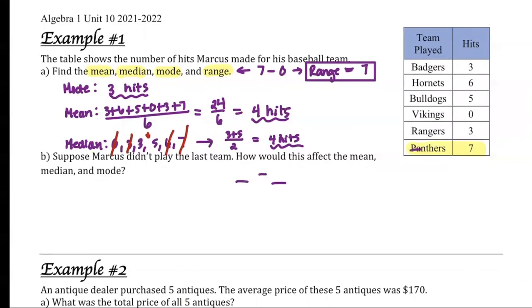If there is no Panthers game, then my highest isn't 7 hits anymore. If I take the highest, which is 6, and the lowest is still 0, that leads me to a range of 6. So there's one less hit that we span when we take out that last game. But it also is going to change some of our other statistics.